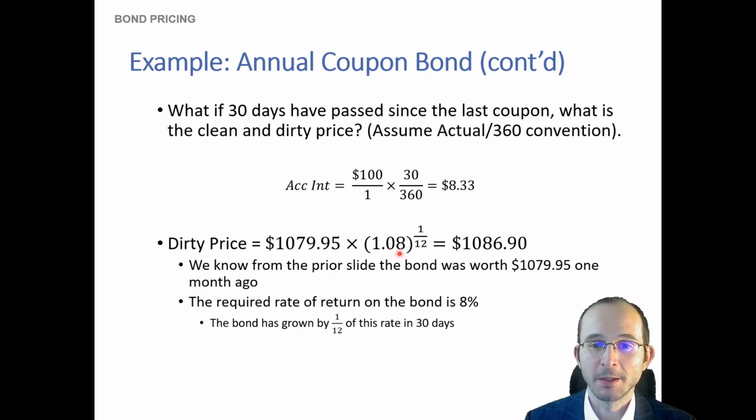So we can just say that we'll take what the bond was worth 30 days ago, we'll grow it at 8% per year, except, of course, we're not going to grow it for a whole year, we're just going to grow it for these 30 days out of a 360-day year. So that means that we're going to grow it for 1/12. And if we do that, we get a dirty price of a bond that is $1,086.90.